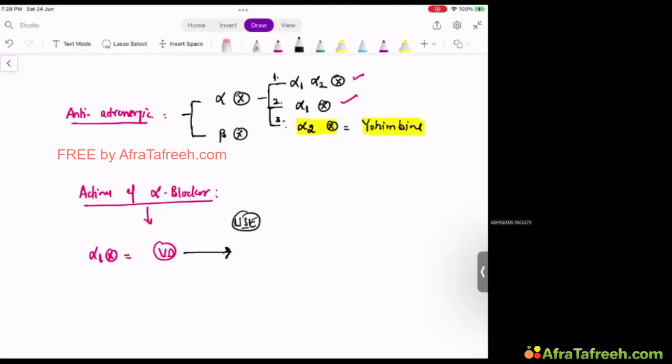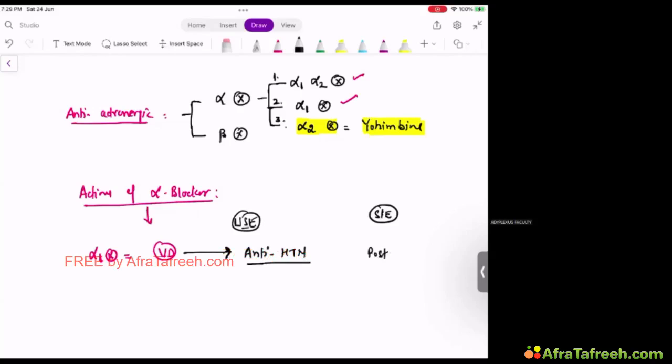So what will be the use of all alpha blockers? Antihypertensive. All of them are antihypertensive. And if vessels dilate, what will be the side effect? The same property can lead to a side effect. What is that side effect? Postural hypotension.